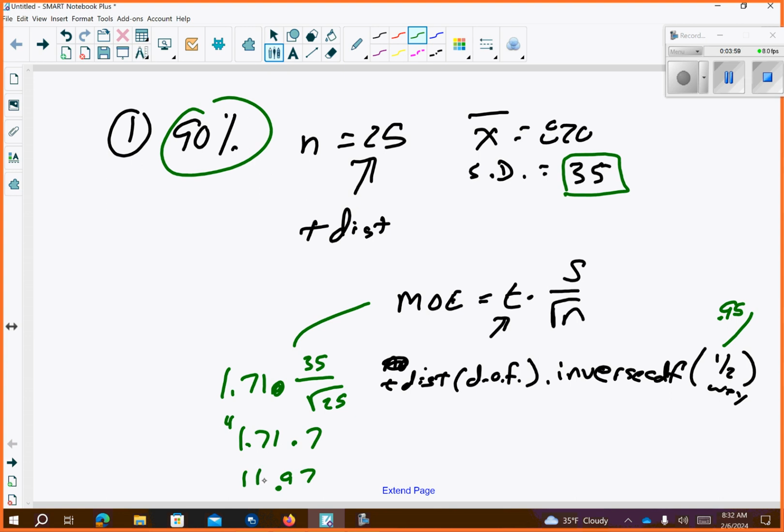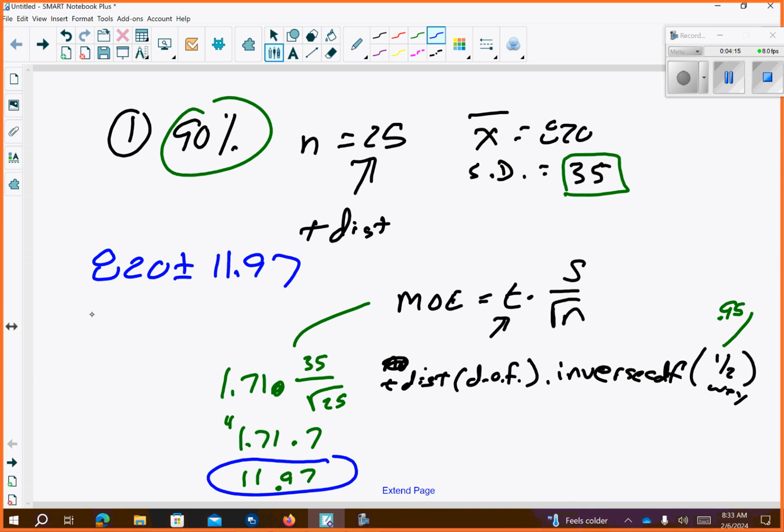All right, so now we're ready to, our 11.97, we're ready to go and start fixating this. So we're going to go 820 plus or minus 11.97. What's 820 minus 12? 808, 807.03 to 831.97.